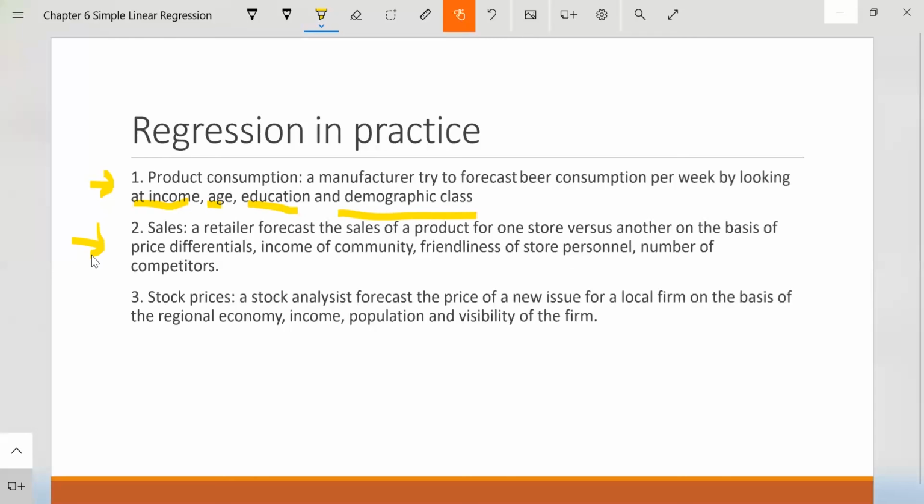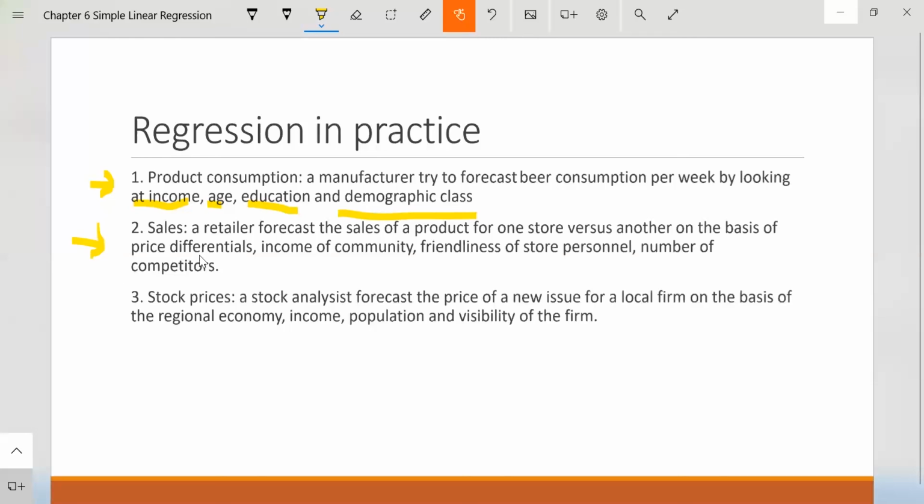And of course, you want to set the two stores far away, otherwise people can drive to the other store wherever they find cheaper price, right? But if you put it into two different stores that's far away and with two different prices, you could effectively capture the effect of price differential on the sales.